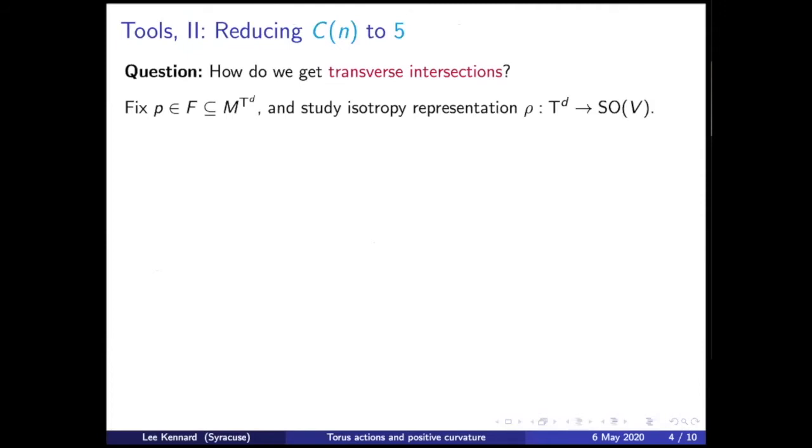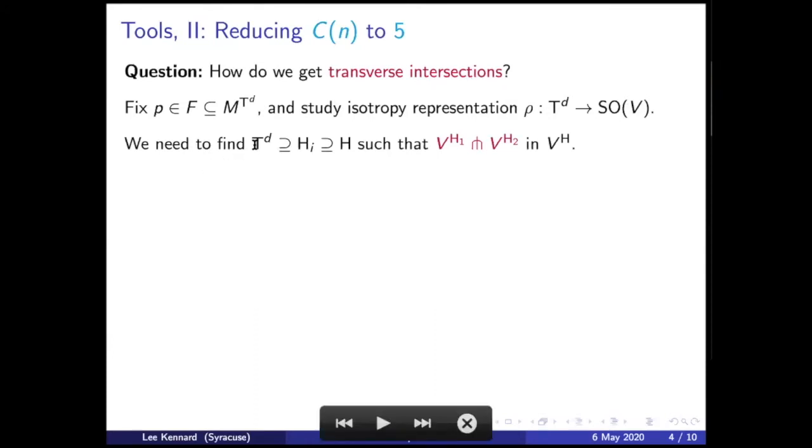Yeah, so the way we do this is to linearize the problem by moving to a point in the fixed point set, or in that fixed point component, and studying the isotropy representation. So here V is the normal space to F at P. And to translate the problem, it just means that, again, we have a representation of TD, and we want to find subgroups, and their fixed point sets are denoted in this way.